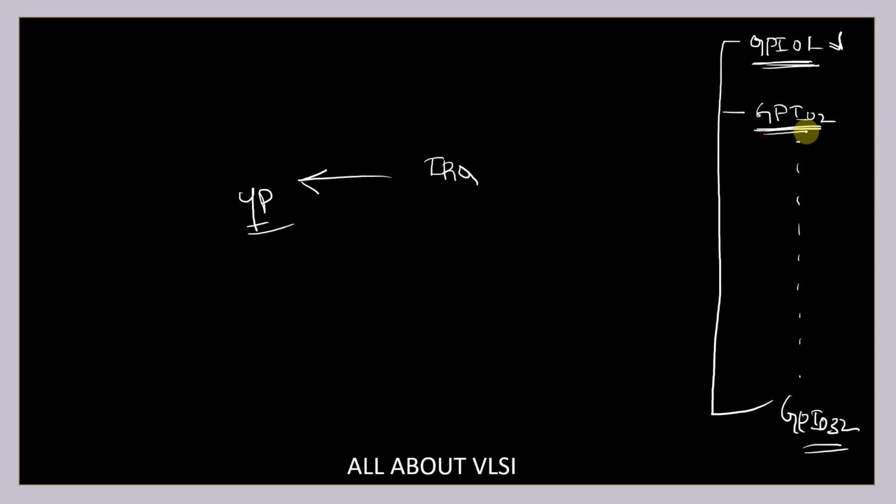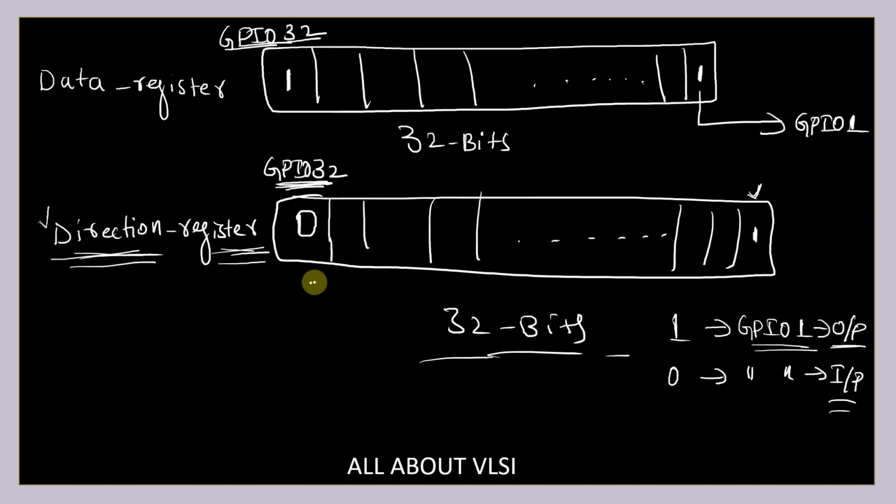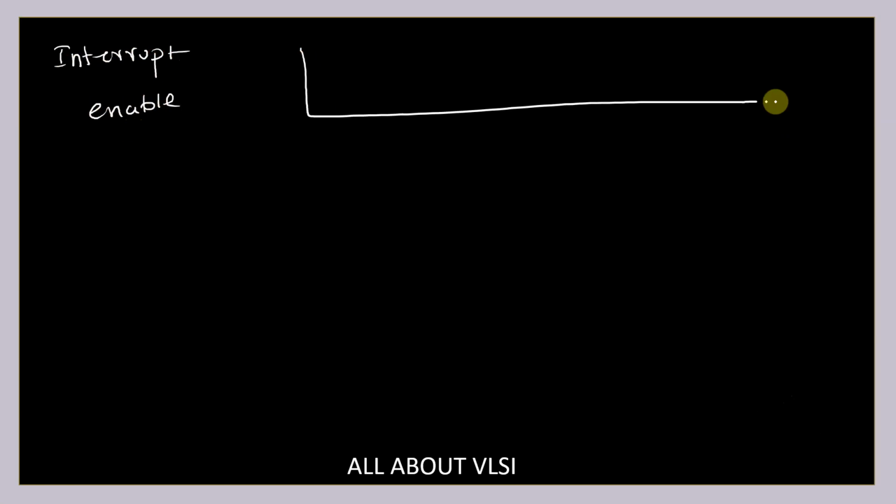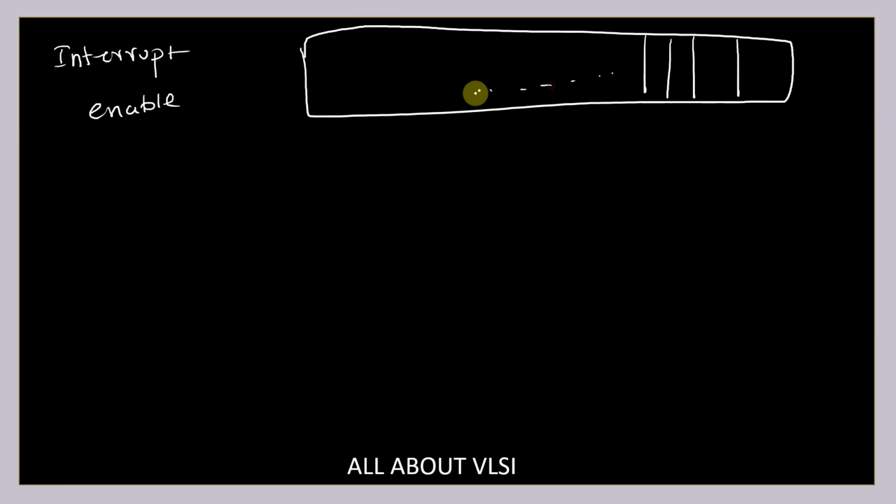If there is an interrupt on GPIO2, that should not be given as an interrupt to the processor. For this kind of configuration, we have another register, the interrupt enable register, which is also 32 bits, where each bit corresponds to a specific pin.